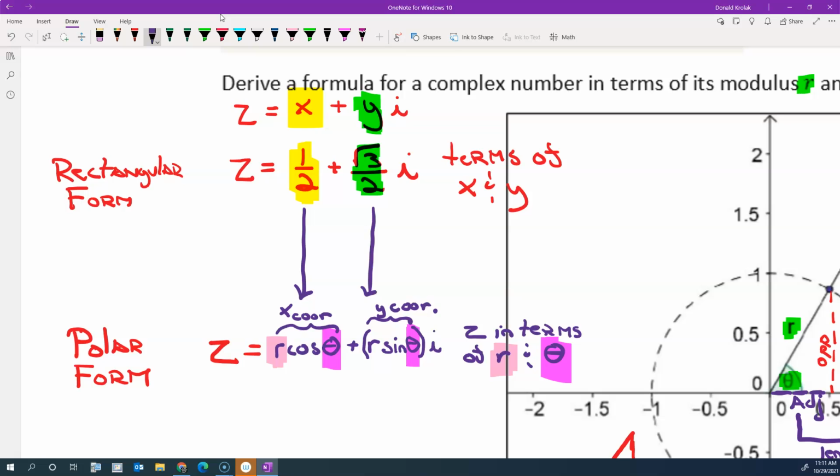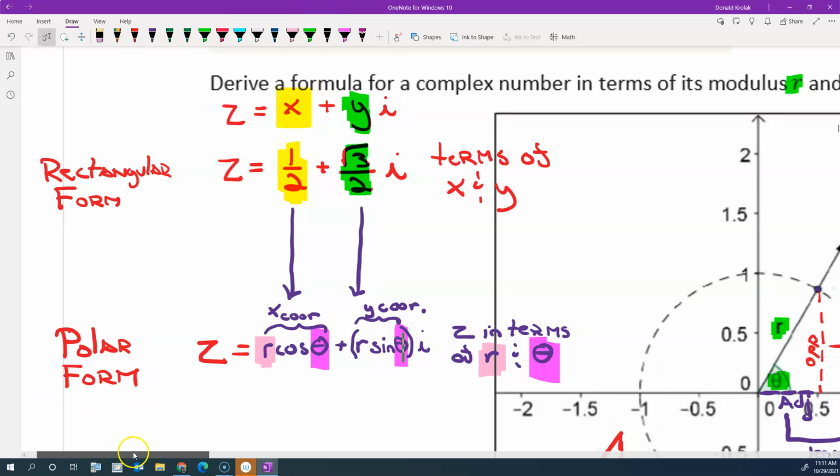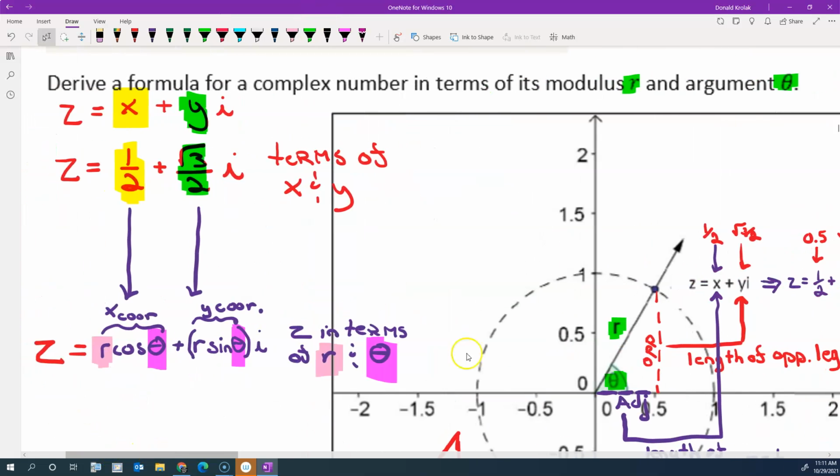All right, what angle is that? How big is this angle? Remember this coordinate right here is 1/2, root 3/2, and the radius is 1.